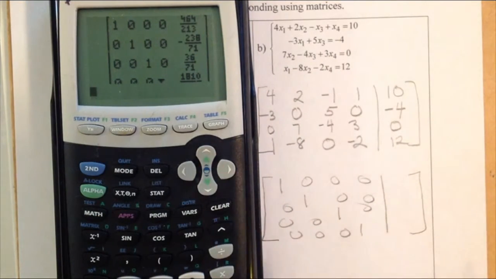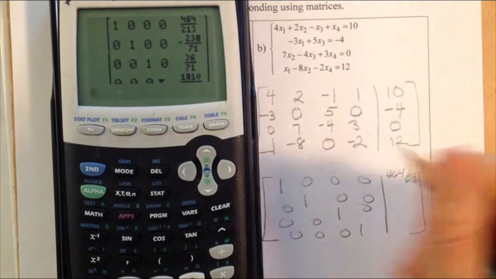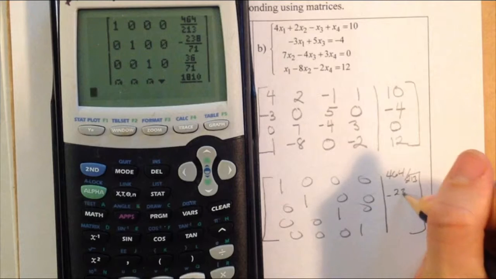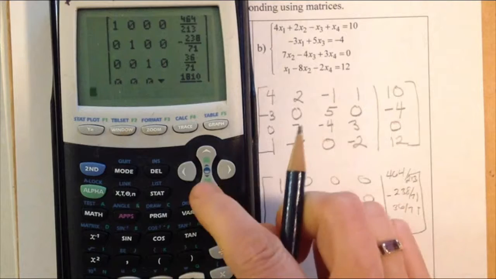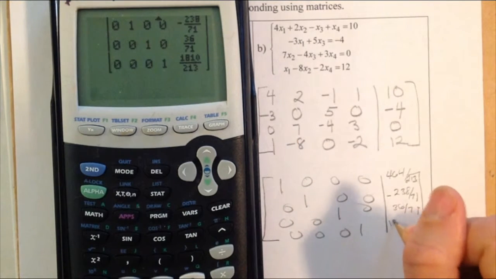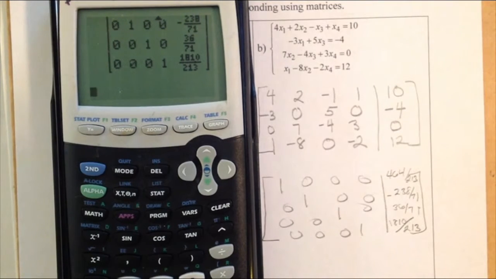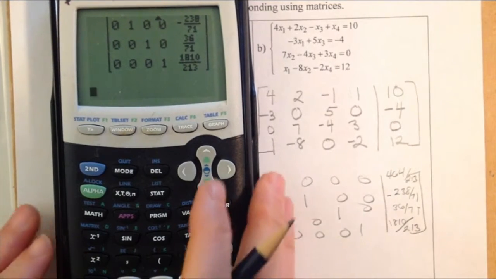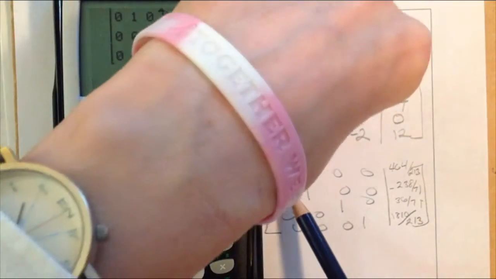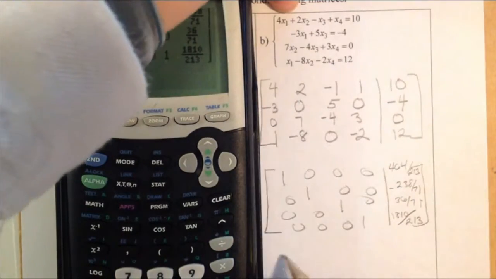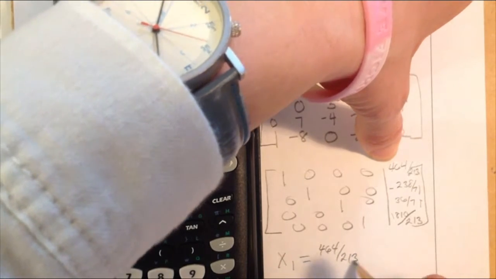I may need to page up and down to be able to see. Let's see, this first one is 464/213. Then I've got negative 238/71, 36/71, and the last one is 1,810/213. Okay, now this is telling me the answer to my system, because if I put these back into an equation, I have one of my first variable, which was called x1, equals this number, 464/213.